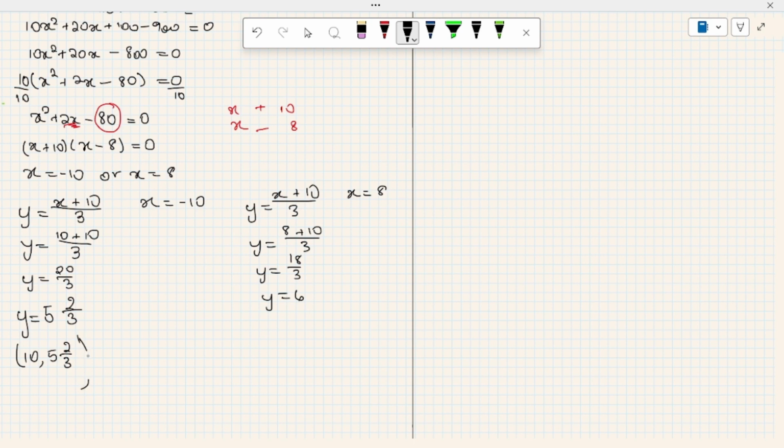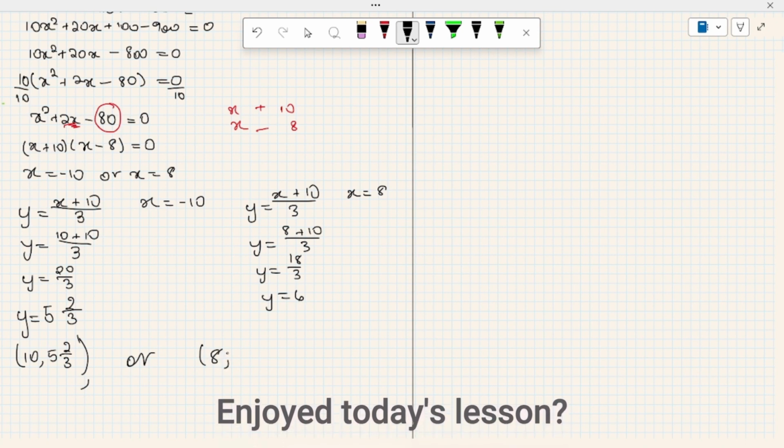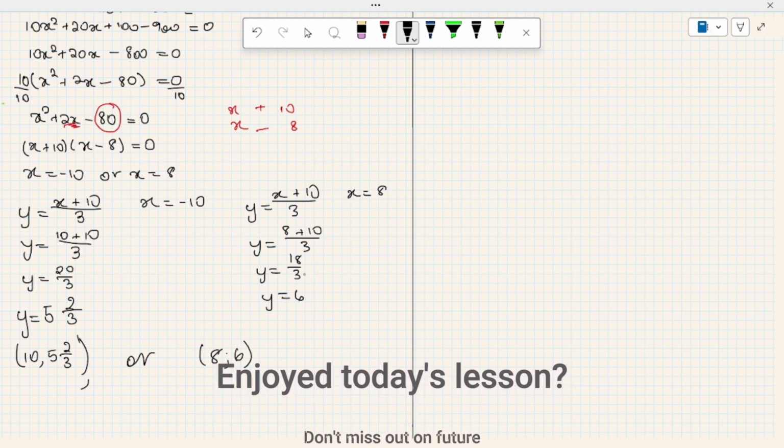Our coordinates, when x is equal to 8, are going to be 6.